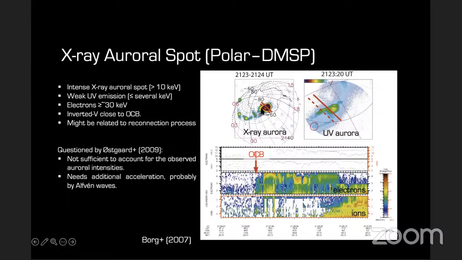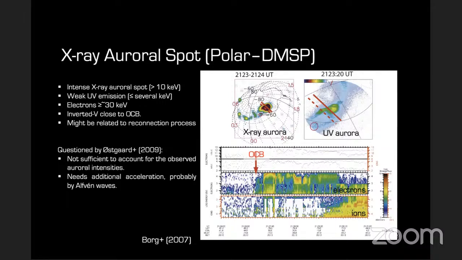When DMSP passed through the X-ray spot, it observed an inverted V structure here with a relatively high peak energy value over 30 keV near the open-closed boundary. The X-ray spot and high energy inverted V structure are suggested to be a result of magnetic reconnection processes.